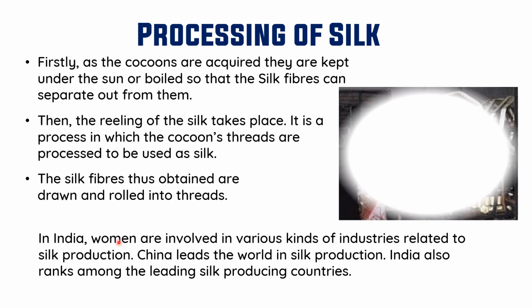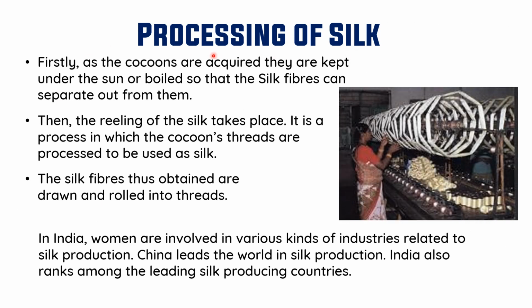Next is processing of silk. How will we get the silk fiber from the cocoon? Let us see. Firstly, as the cocoons are acquired, they are kept under the sun or boiled so that the silk fibers can separate out from them.